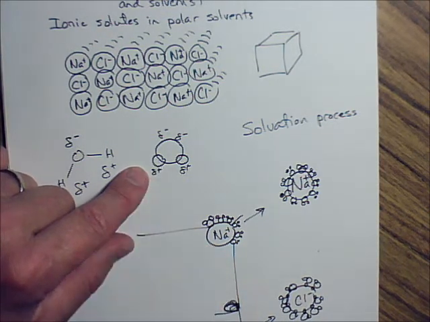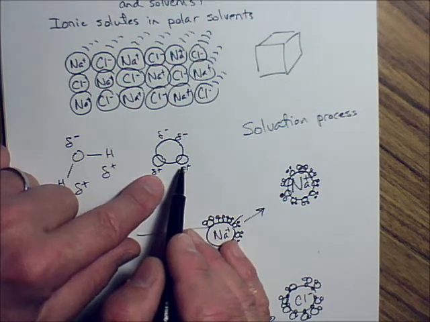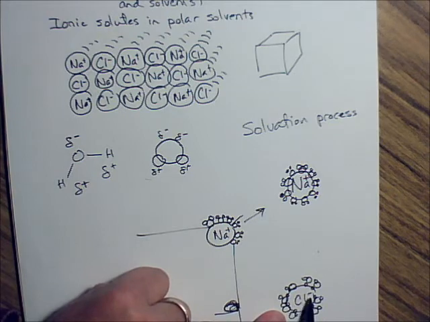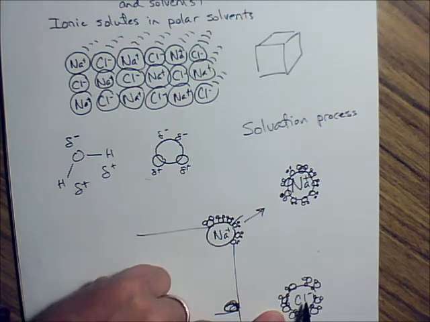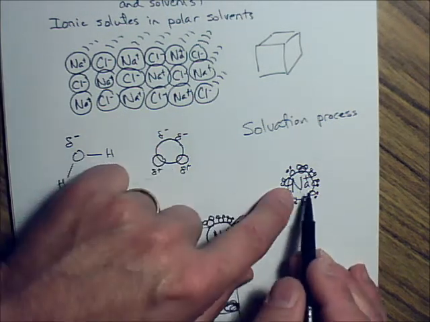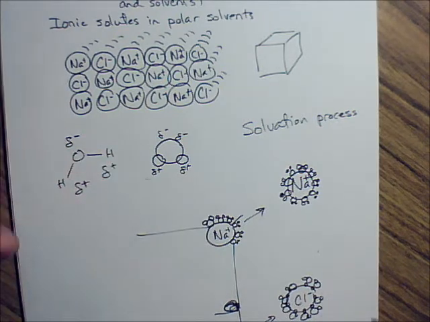So when the conditions are right, on the outer circles, they'll break loose and they go to the positive. Exactly. So the positive end of the water is attracted to the negative ion, and the negative end of water is attracted to the positive ion. And all they have to do is spin around.